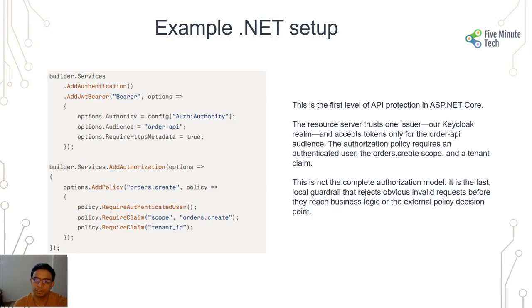Similarly, there are other ways you can do this in other languages. The resource server trusts one issuer, our Keycloak realm, and accepts tokens only for the order API audience. The authorization policy requires an authenticated user, the order create scope, and a tenant claim. Now, this is not a complete authorization model. It is the fast local guardrail that rejects obviously invalid requests before they reach the business logic or the external policy decision point.